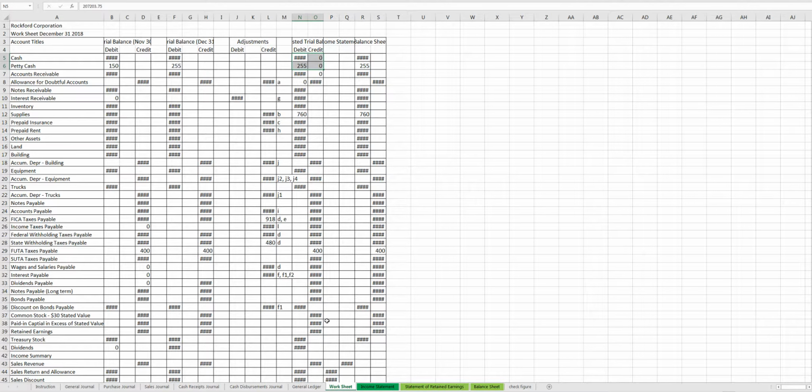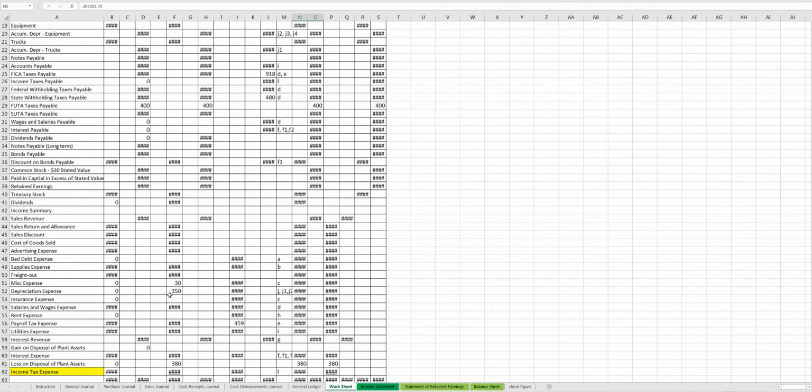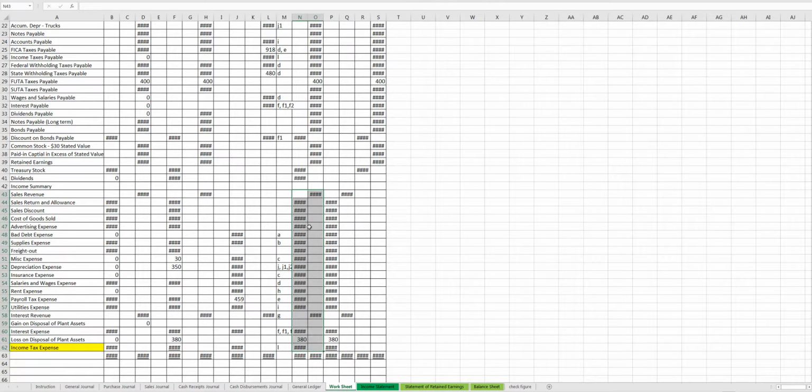financial statements. How? First, we're going to cut this part, the revenues and expenses part. Starting from revenues, we cut all the expenses, and this becomes our income statement. Sales revenue minus all the expenses equals my net income.